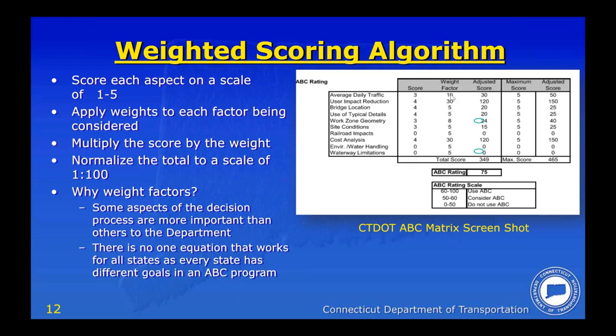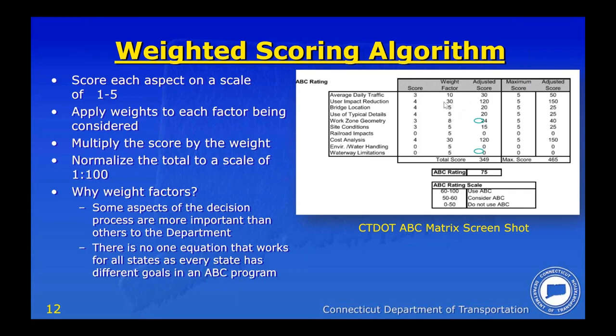The weight factors are weights that we actually struggled with a bit, and we experimented with a bit to come up with what we felt properly reflected the values and importance of each of these factors in making the proper ABC decision or not.